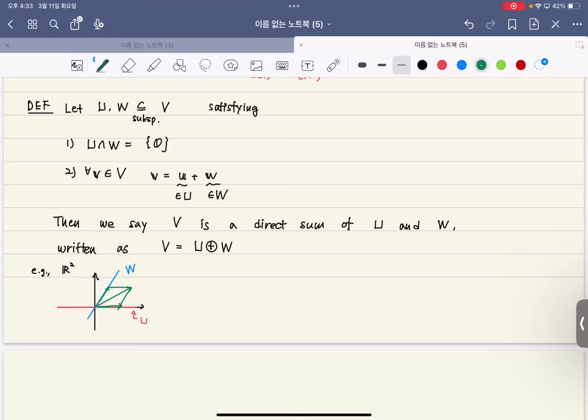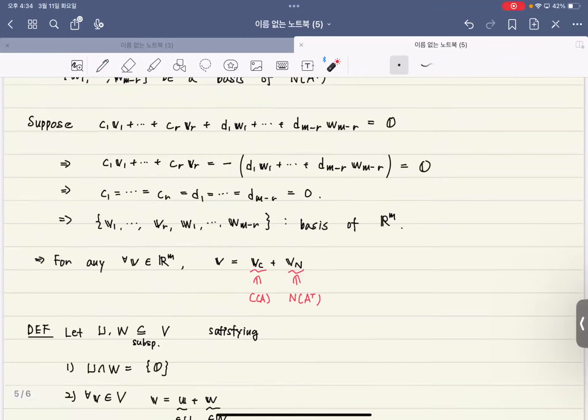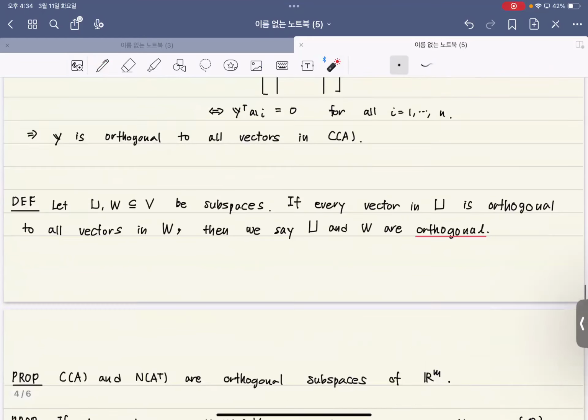In order to be orthogonal complements, the direct sum of U and W must be R2 itself, and on top of that, U and W must be orthogonal to each other. But clearly they are not orthogonal, right? So they are complements to each other, but they are not orthogonal, right?